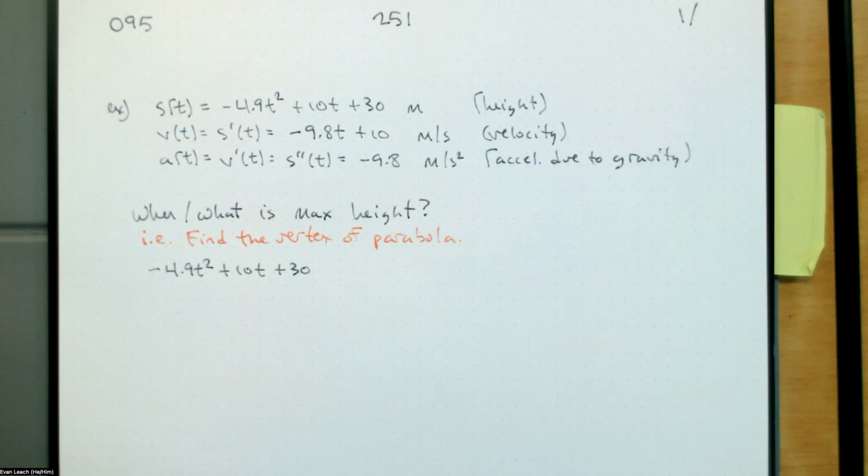One way that this is done is we just know that the x coordinate of the vertex is the opposite of b over 2a.